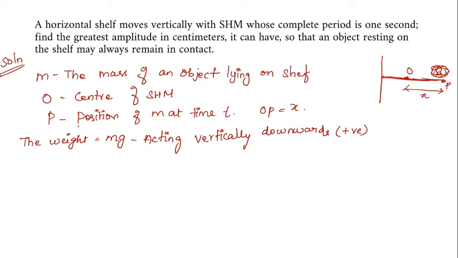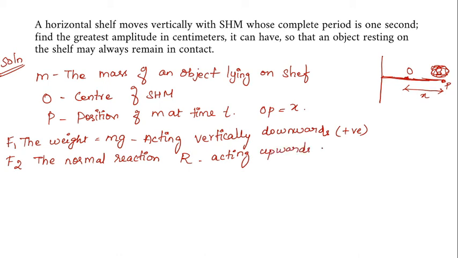This is the first force, F1. Force F2 is the opposite reaction, against the gravitational force. So the normal reaction R acts upwards. This is negative. These are the two forces acting on the object P.